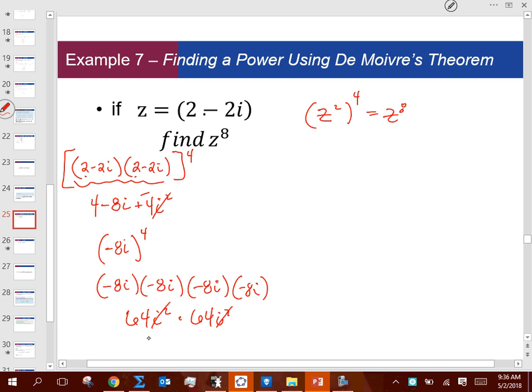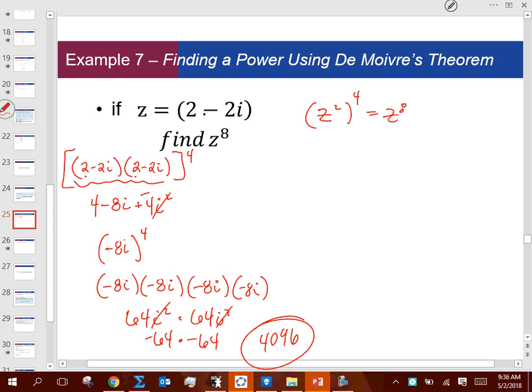So it's actually negative 64 times negative 64, right? And that turns out to give me 4096. So that is what this thing raised to the 8th power should look like, and that's using rectangular foiling. Does that make sense?